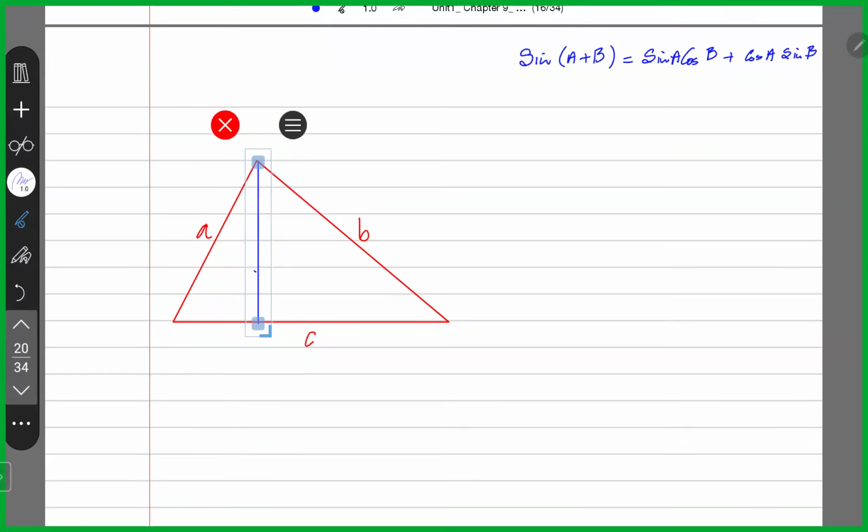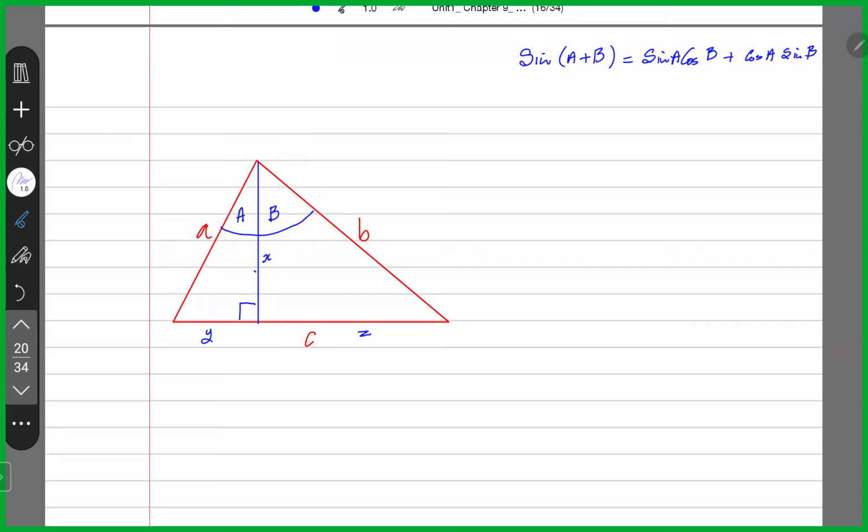That's the height of the triangle. It forms 90 degrees with the base. That divides the angle at the top into two parts, which I'm going to call angle A and angle B. Let's call here X, here Y, and here Z.